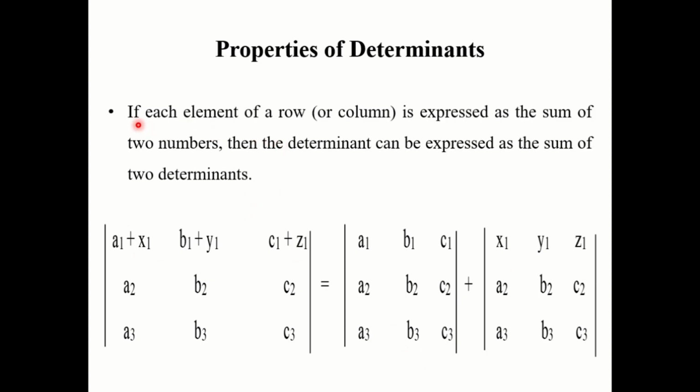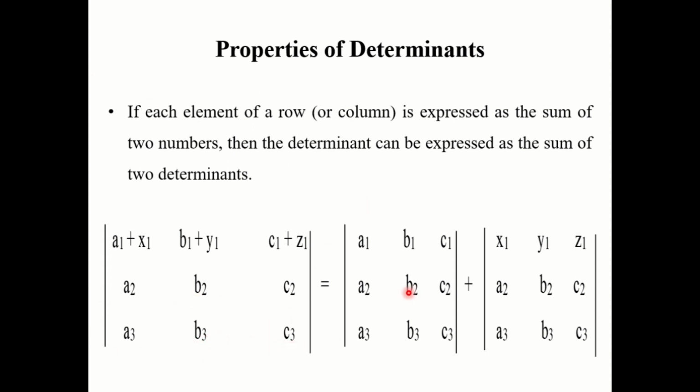Last property: if each element of a row or column is expressed as the sum of two numbers, then the determinant can be expressed as the sum of two determinants. See, the first row is represented as an addition of two numbers: A1 plus x1, B1 plus y1, C1 plus z1, A2, B2, C2, A3, B3, C3.